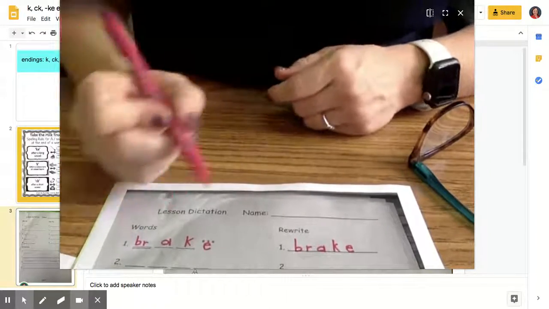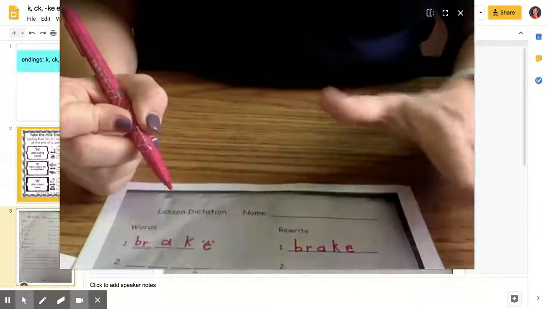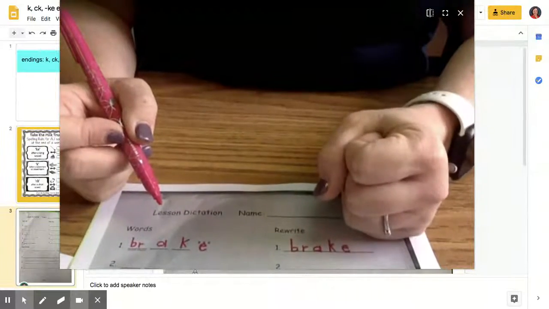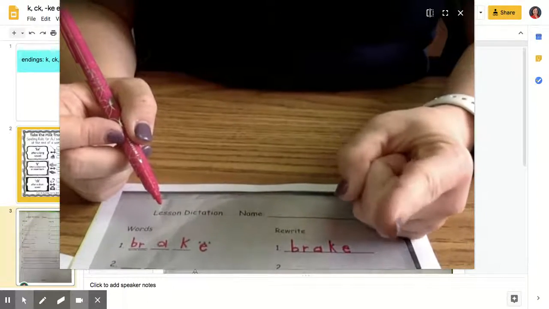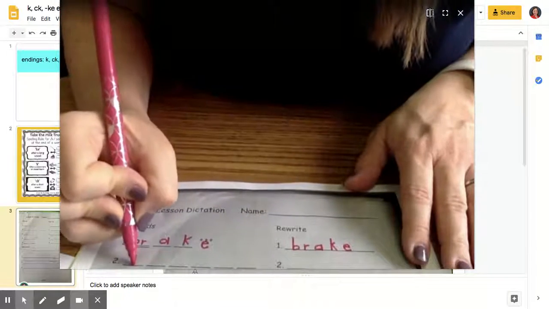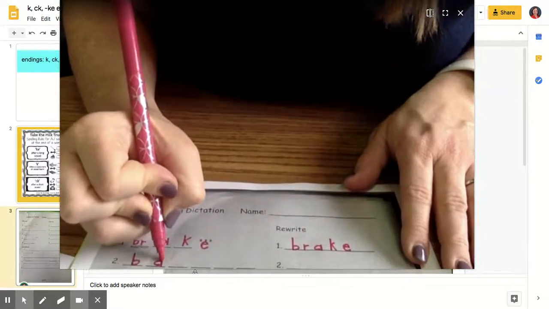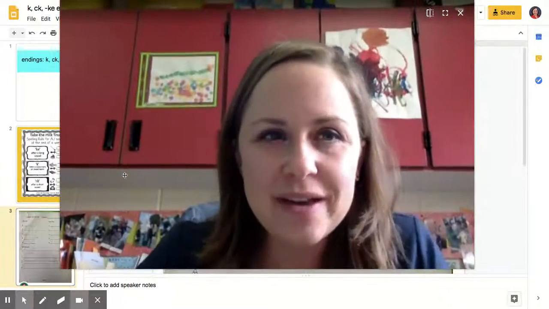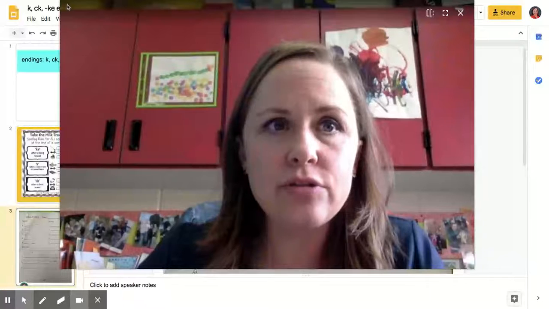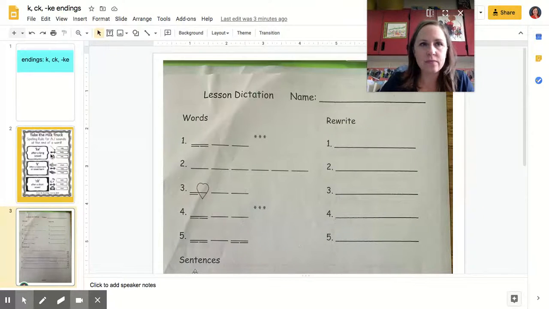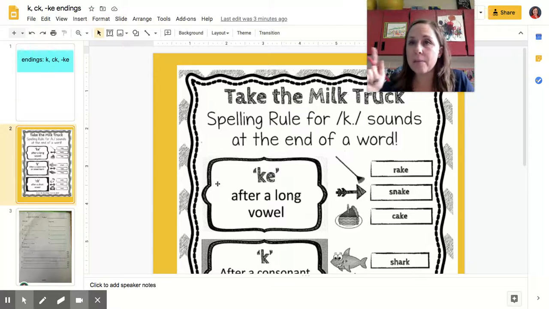All right, number 2 is backpack. So remember, I'm writing with my right hand. The hand that I'm not writing with is what I'm pounding and tapping with. So here we go. Backpack. First syllable, back. B-A-K. B-A. Okay, so let me go back. Flip you back around. All right, I'm going to go back to my poster. Now I had B-A-K.